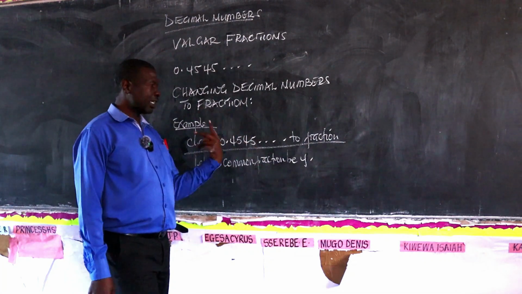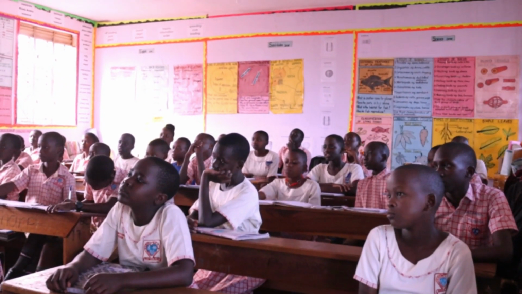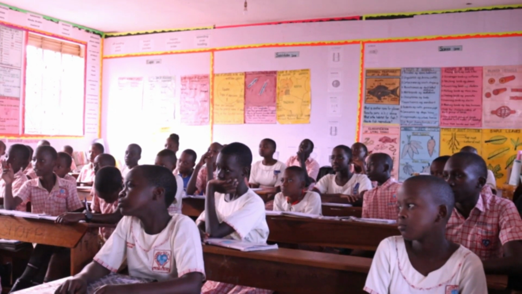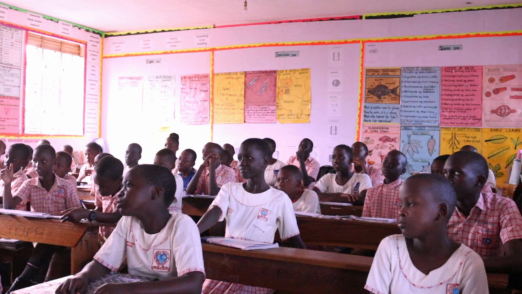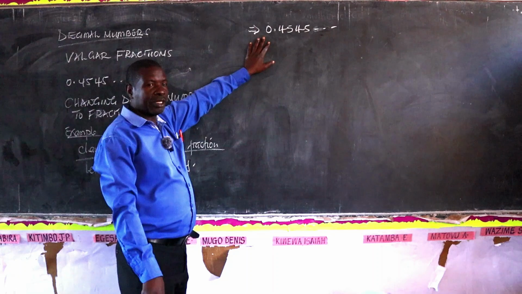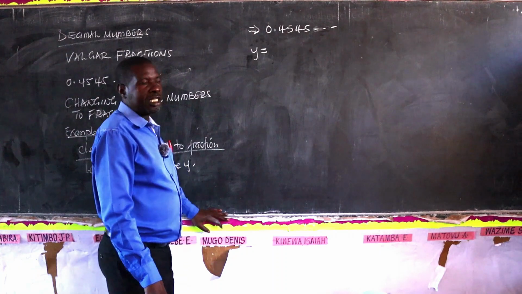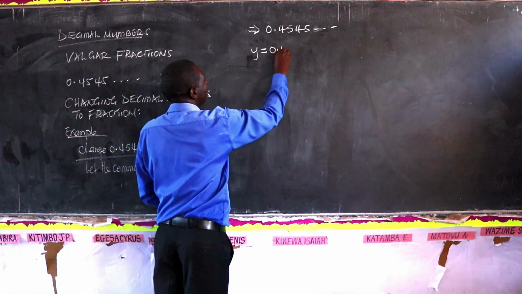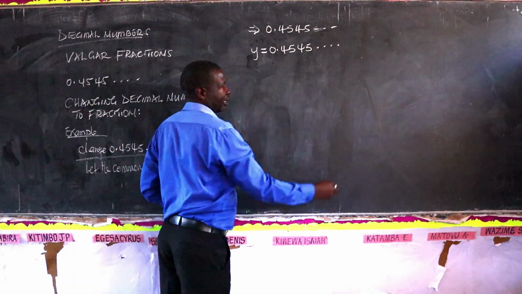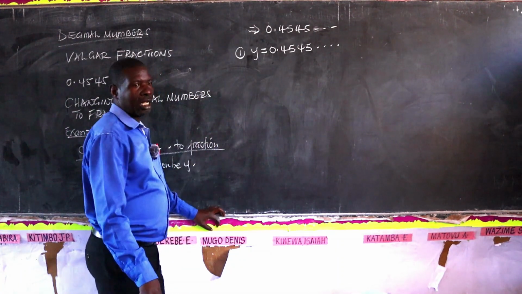From here, we look at the question, which gives us the first part of the elimination of the decimal point. Let y, as the subject, equal 0.4545 recurring. This one becomes our equation number 1.